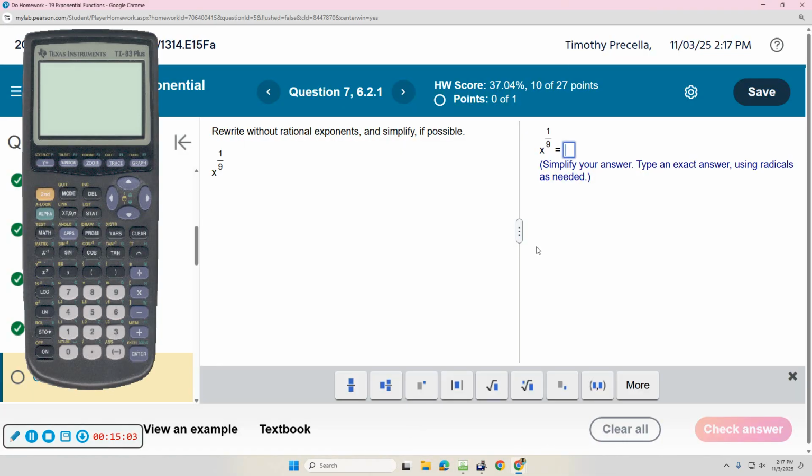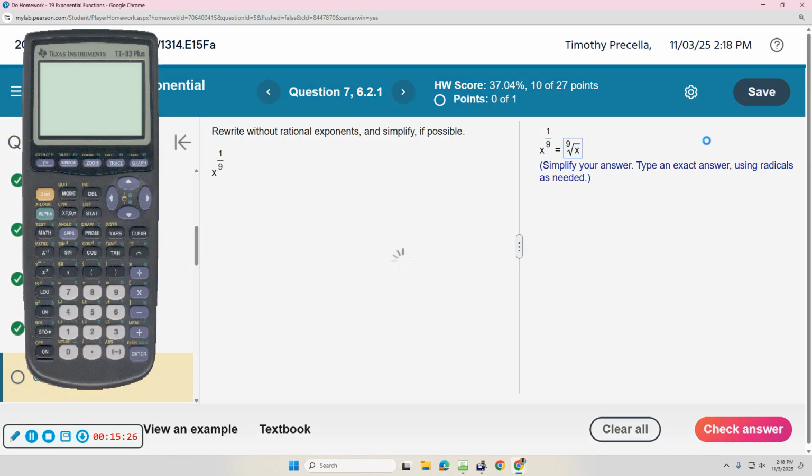So we have to use our radical hot button. Don't use this one. This is the square root button. We need to use the nth root hot button. And notice it's flashing. What do I put up there as the index? That's the 9. And then underneath I type the x.